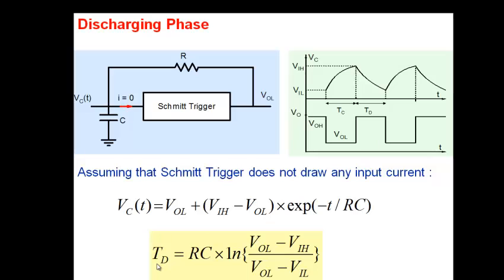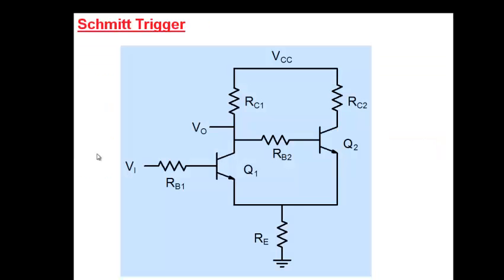And so you get TC and you get TD, so you have all the expressions here. Except that we have a simplifying assumption that the Schmitt trigger is not drawing any current from the RC circuit here. Okay? So that's the behavior.